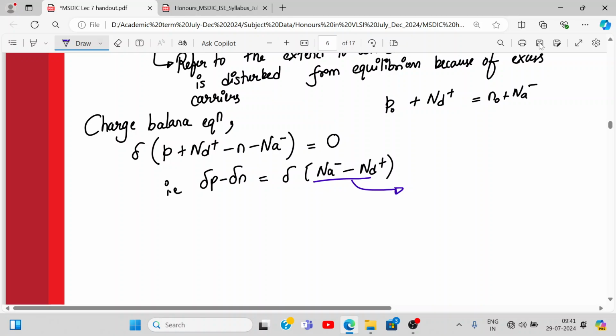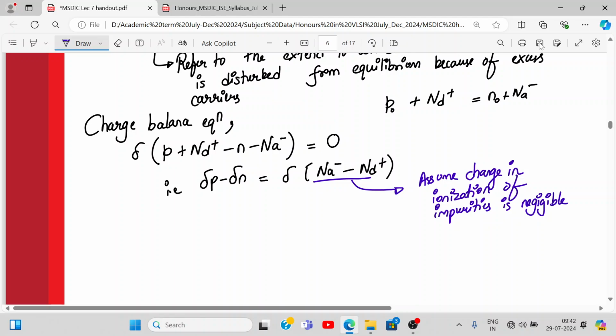If this number is 0, we can say delta P is equal to delta N. So here you can write, assume change in ionization of impurities is negligible. So delta P minus delta N will be approximately equal to 0. So we can say delta P is approximately equal to delta N.